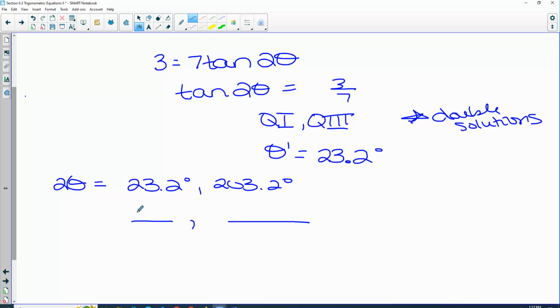So if we add 360 to each, all of them by 2.